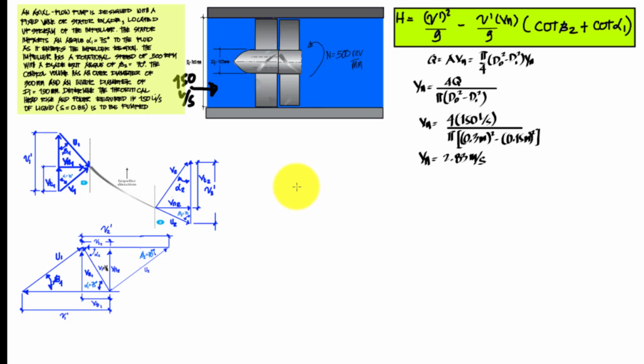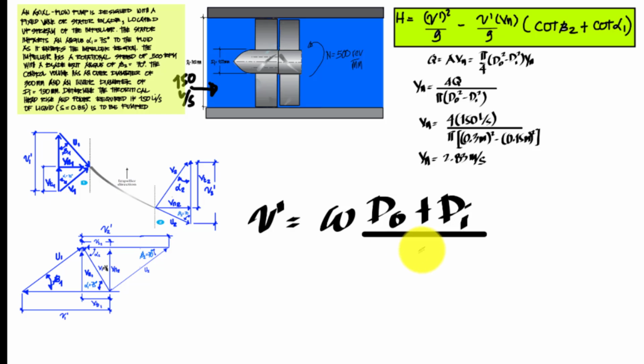So to compute the velocity of the vane, that will be equal to your angular velocity times the average diameter. That would be the outside diameter plus inside diameter, divided by 4.